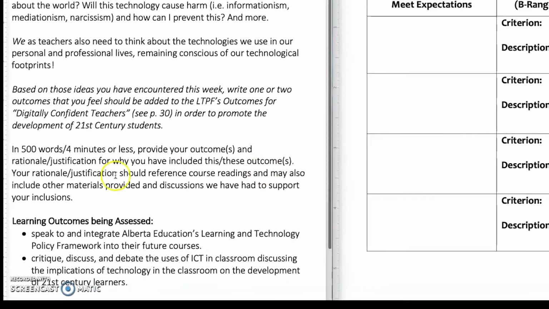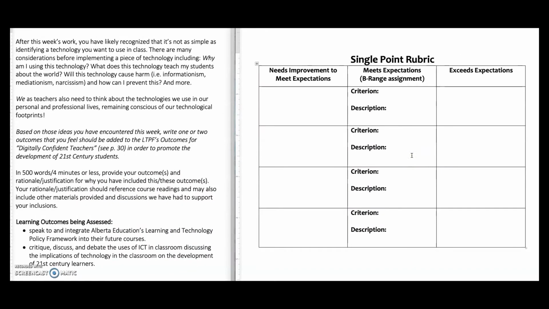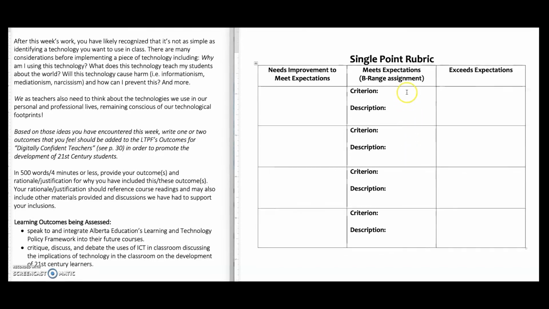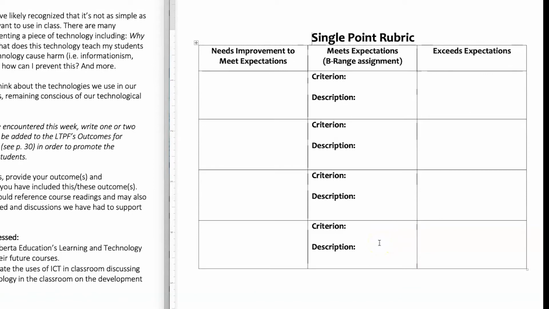On the other side of your screen, I have a single point rubric set up for us to begin this process. In the single point rubric, instructors put their criteria and descriptions that are going to be graded in the center of the rubric, and typically these meet a B range score. So a good score. What would students need to complete to achieve a good score on their assignment?